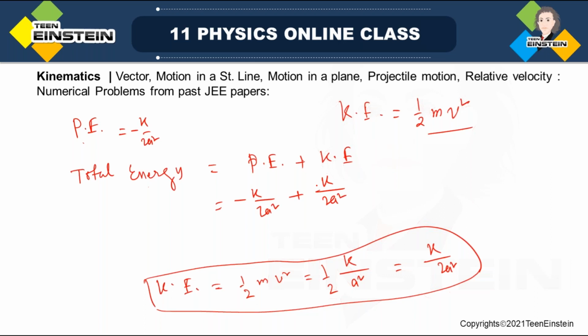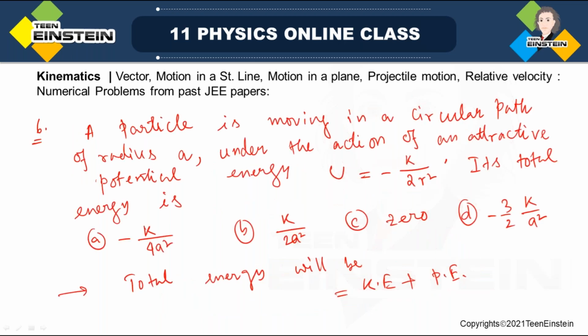This is minus, this is plus, so it will be 0. So look, the total energy for this system or the particle is actually 0. So this is how you have to solve the problem.